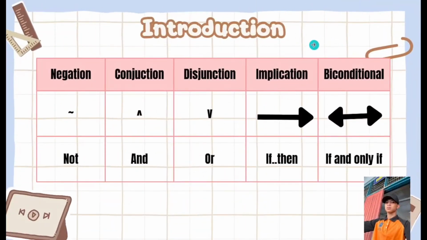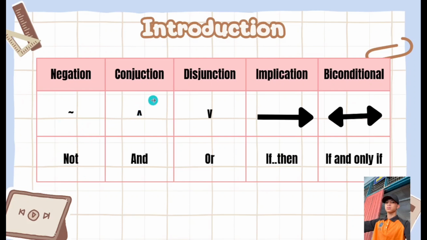So these are the symbols of a logical connective. The first one is negation. The symbol is drawn like this, and we pronounce it as not.